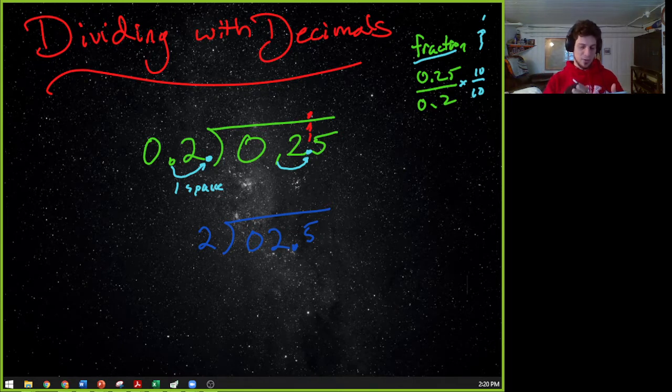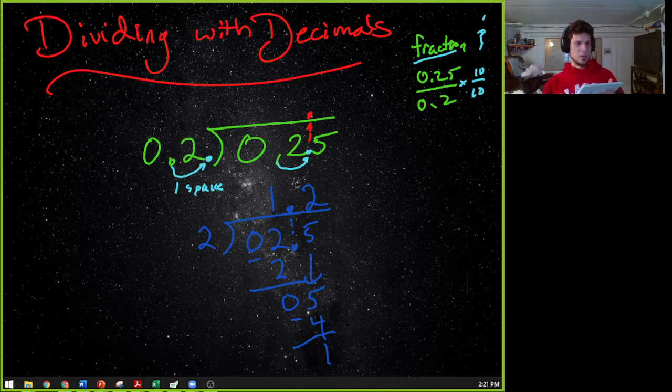So we can do this. 2 can go into 2 one time. Get that decimal point up there, right? 2 times 1 is 2. Subtract it, we're at 0. Bring down that 5. 2 can go into 5 2 times. 2 times 2 is 4. Subtract that from 5, you have 1. There are no more digits to the right of that 5, so I'm going to add a 0.